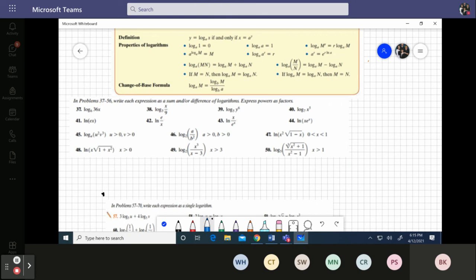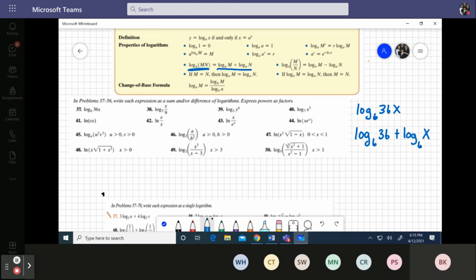37. I have log base 6 of 36 times x. So this time we have m times n, and I'm going to break it into two expressions: log base 6 of 36 plus log base 6 of x.